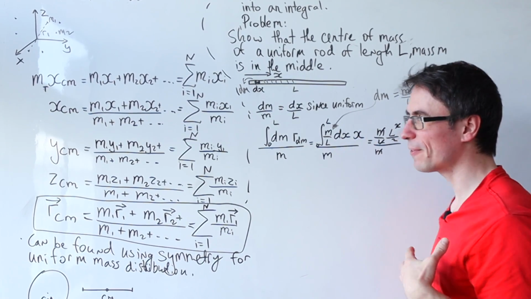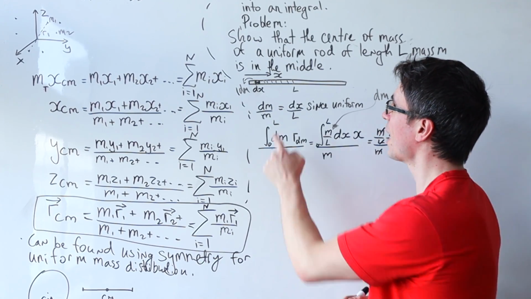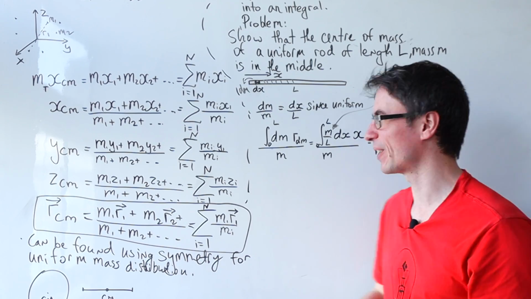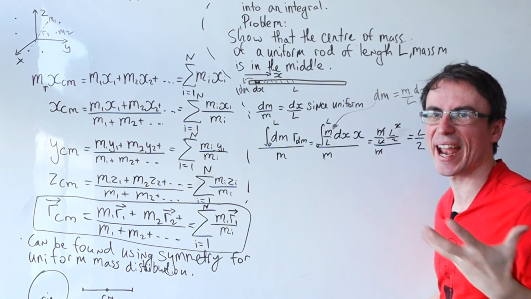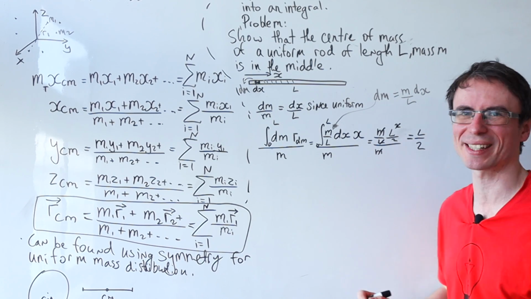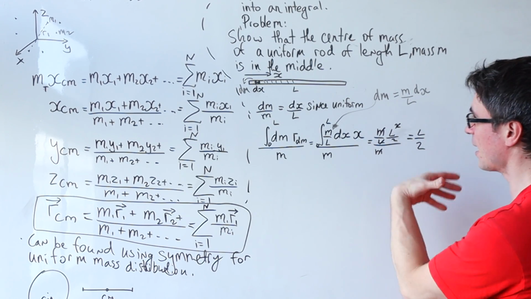Now, its displacement vector in one dimension, assuming that the horizontal axis is our x coordinate, I've just called that x. I could have used the integration variable r, but because it's horizontal, it makes sense to use x.